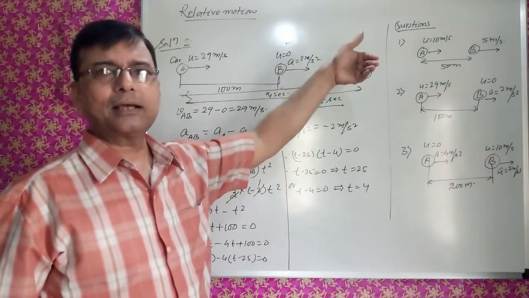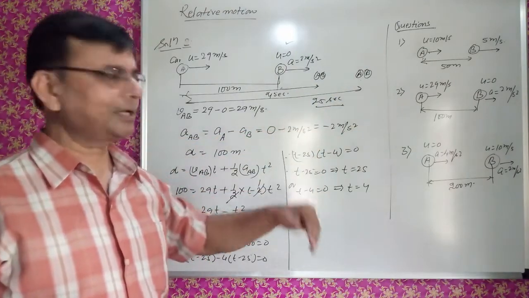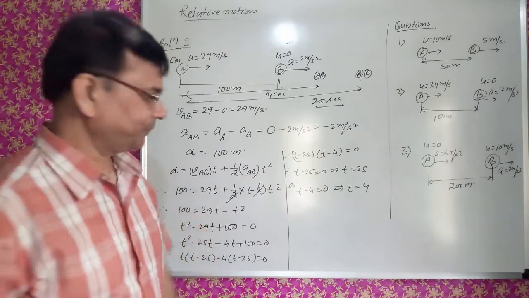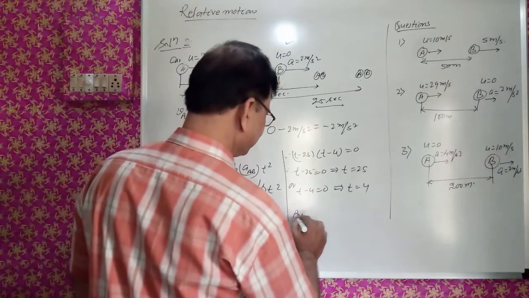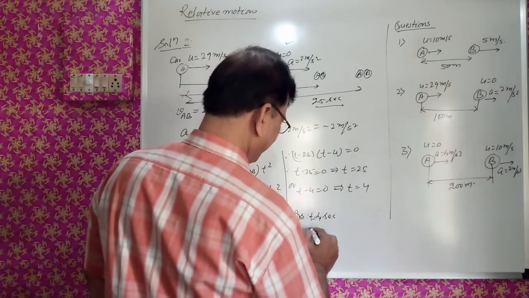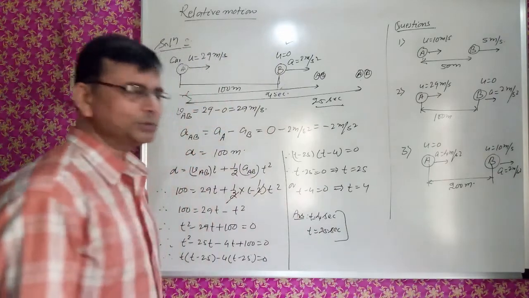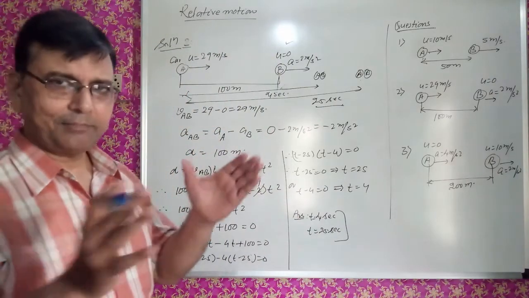So this is the explanation of the two values of time, right? So the answer will be t is equal to 4 seconds and t is equal to 25 seconds. So there are two values of t when they will come together.